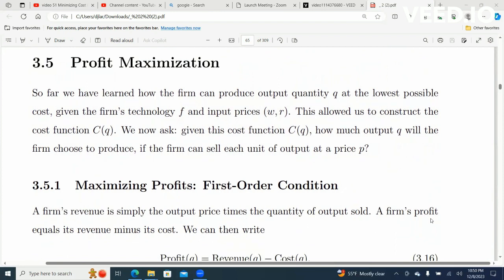So, profit maximization. So far, we have learned how the firm can produce output quantity Q at the lowest possible cost, given the firm's technology F and input prices, wage and rent. This allowed us to construct the cost function. We now ask, given this cost function, how much output Q will the firm choose to produce if the firm can sell each unit of output at price P?